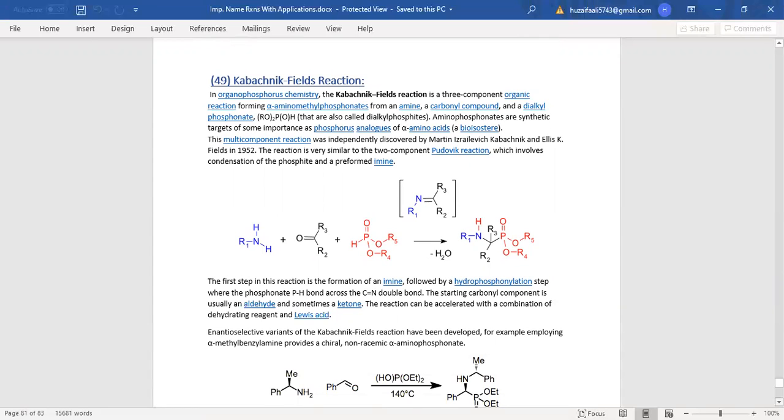Kabachnik-Fields reaction. In organophosphorus chemistry, the Kabachnik-Fields reaction is a three-component organic reaction forming alpha-aminomethylphosphonates from an amine, a carbonyl compound, and a dialkyl phosphonate.